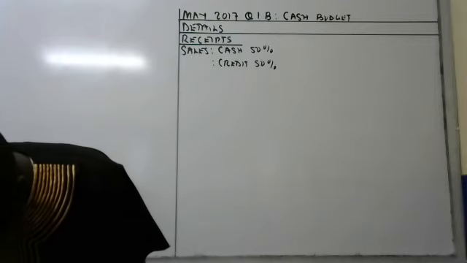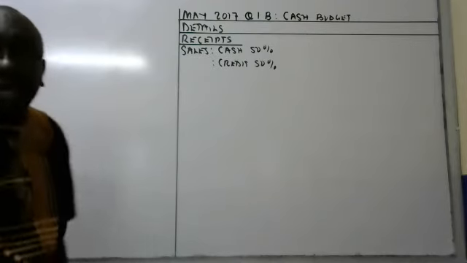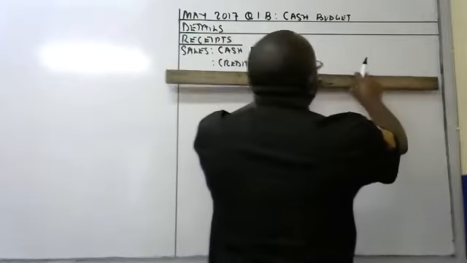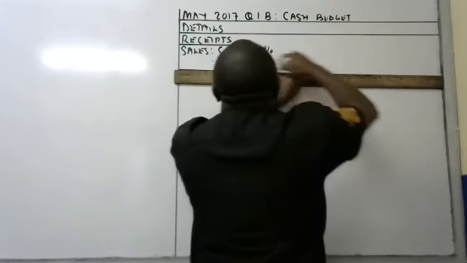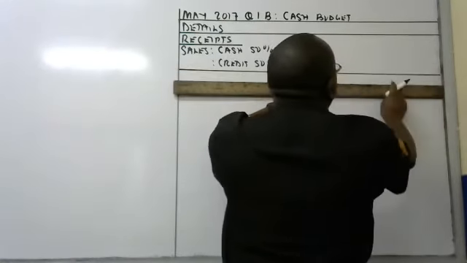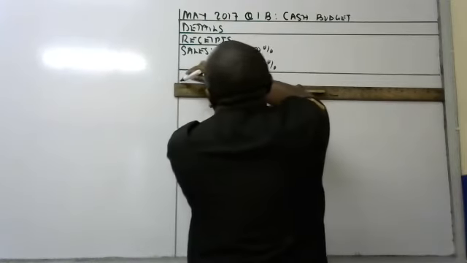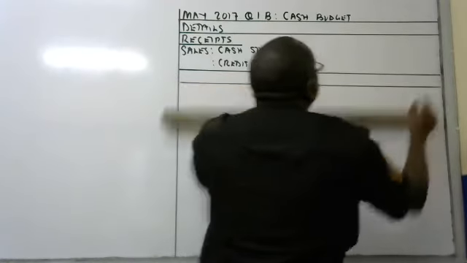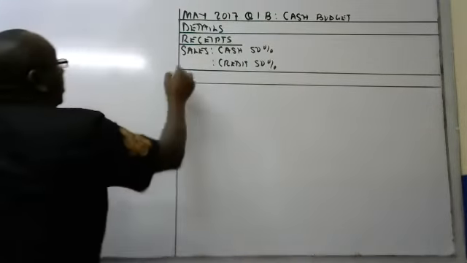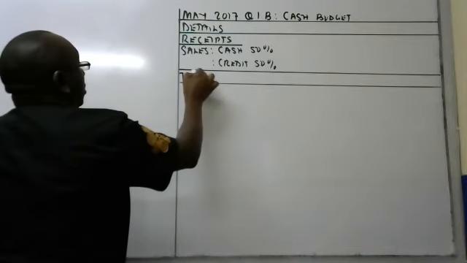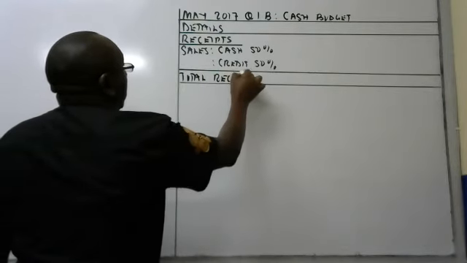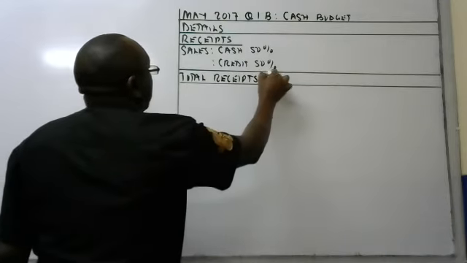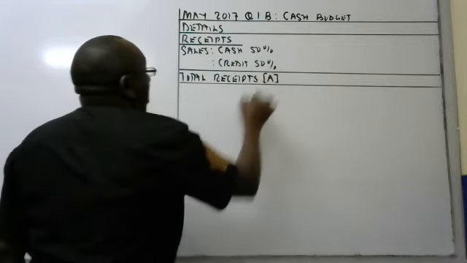I have not seen anything else that is bringing money in. So we get total receipts, which we normally designate as A.